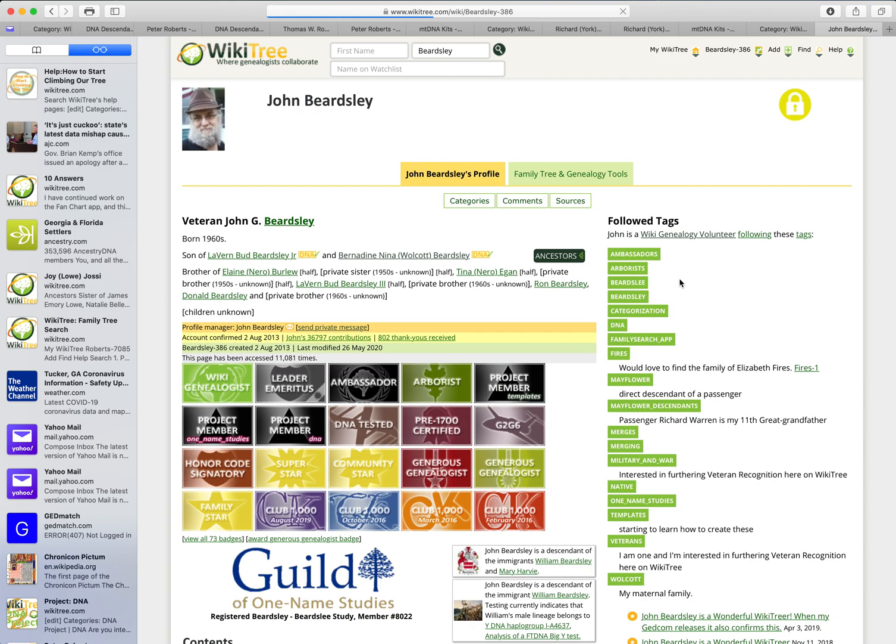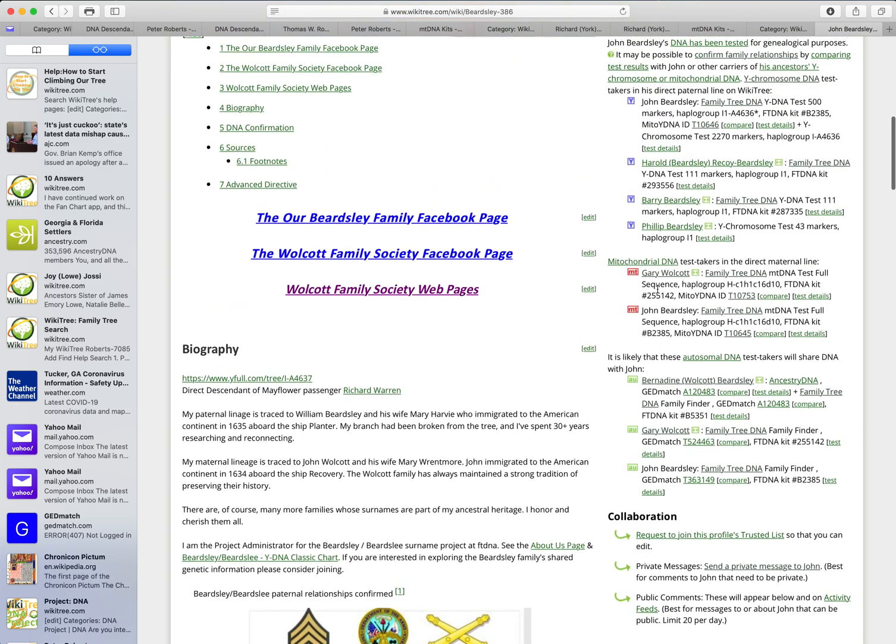If I look at Beardsley, I can see that Gary Wolcott and John Beardsley are both in mitoYDNA, and they belong to the same direct maternal line. They should match each other, therefore. They are actually not that distantly related on the direct female line.